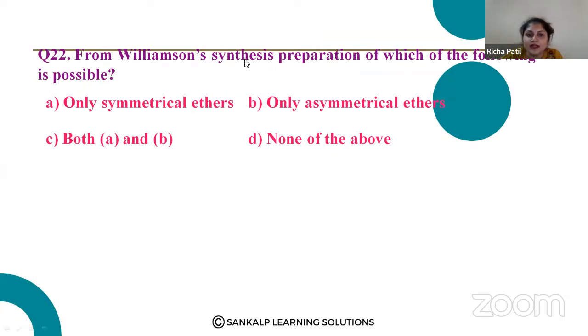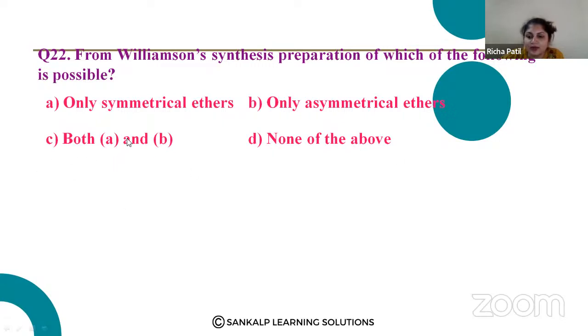From Williamson's synthesis, preparation of which of the following is possible? Only symmetrical ethers, only unsymmetrical ethers, both A and B, or none of the above. Yes, Ravi Kumar, C is the answer.